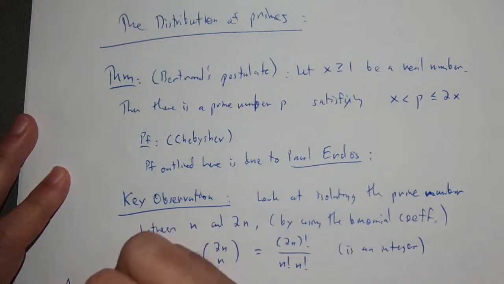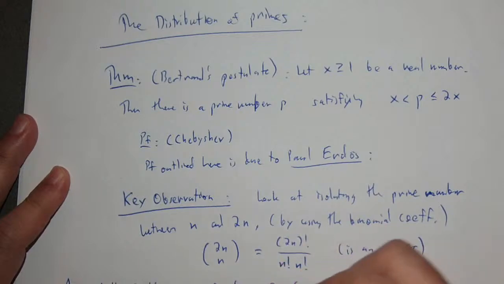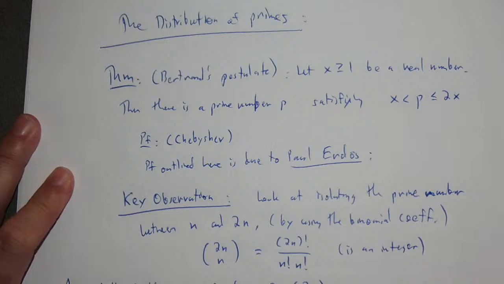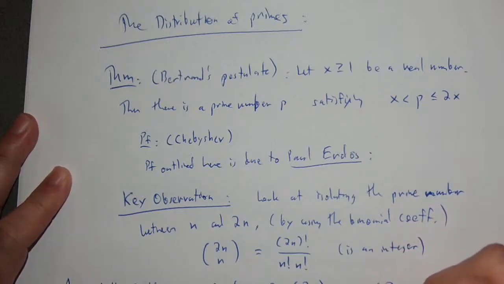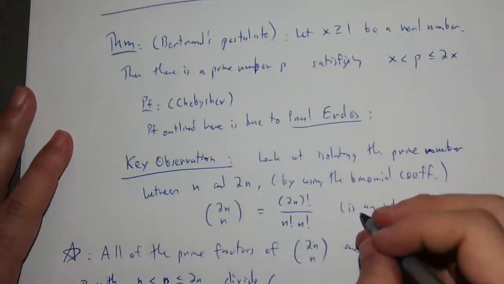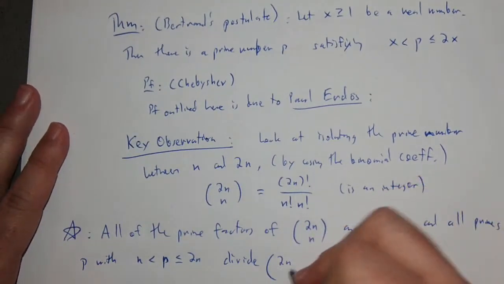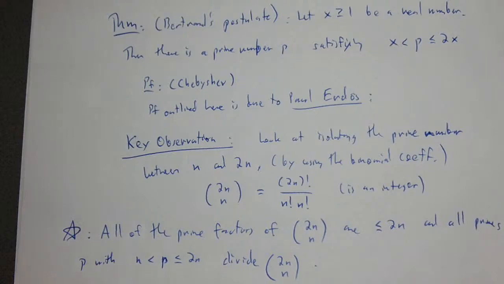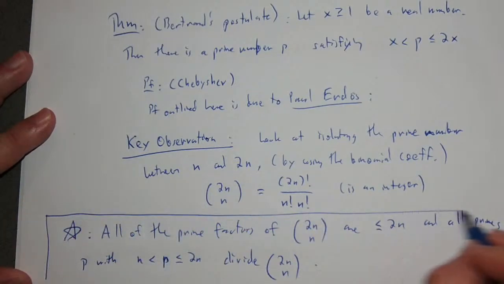All of the prime factors of this binomial coefficient 2n choose n are less than or equal to 2n, and all primes p that are between n and 2n divide that binomial coefficient. Okay. So this is the key thing.